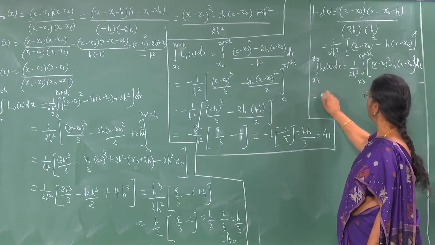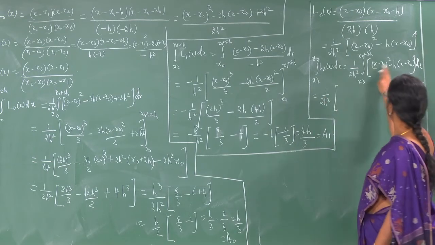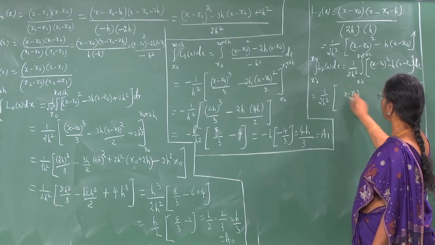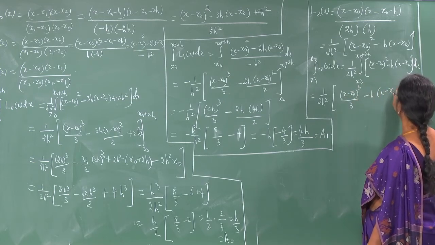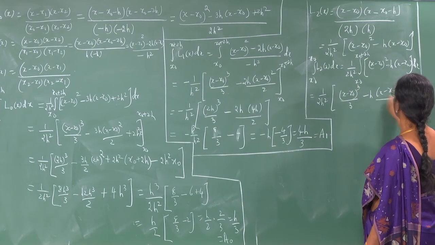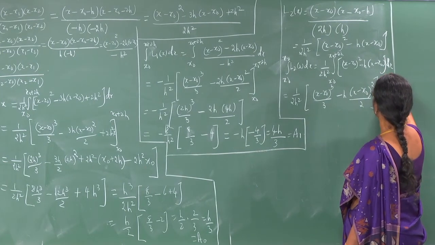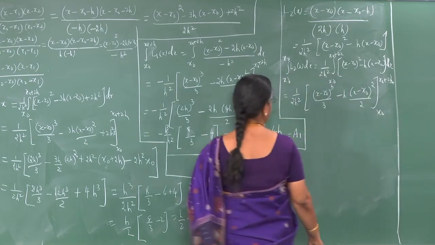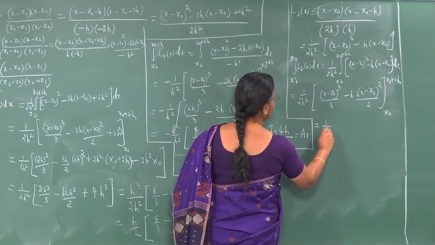This will give you 1 by 2h square into (x minus x0) the whole cube by 3 minus h into (x minus x0) the whole square by 2, between x0 and x0 plus 2h. So, apply the limits of integration.